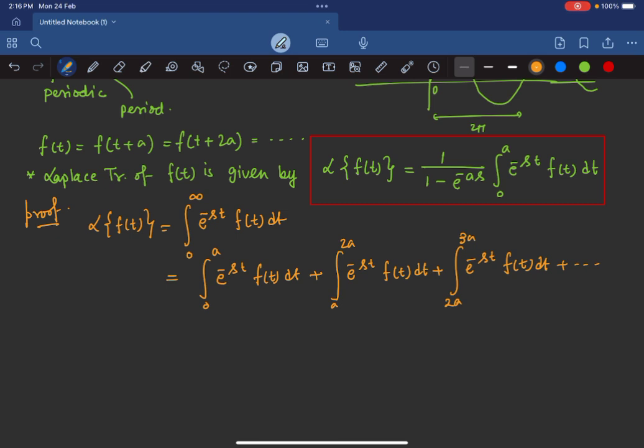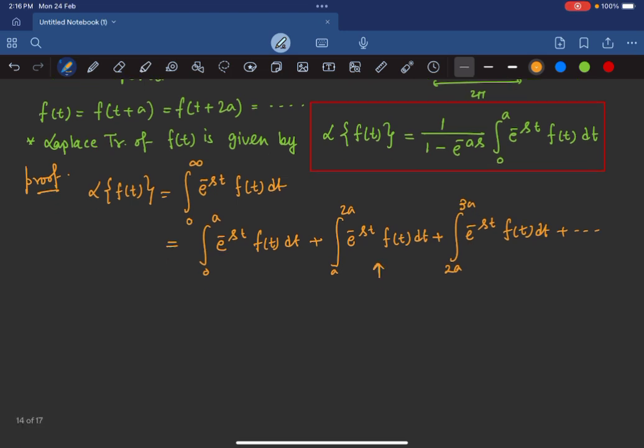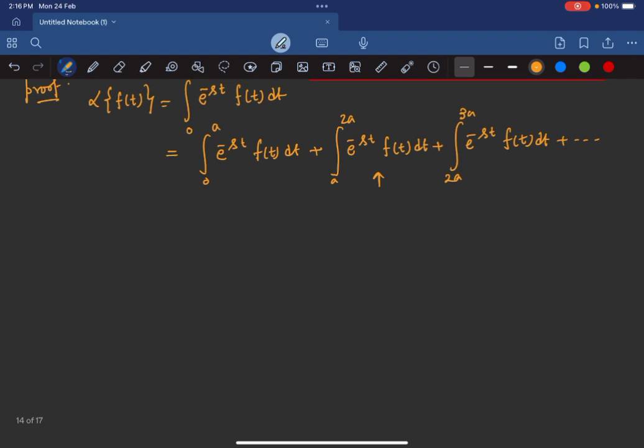Okay, now see, for this second integral, suppose we take t is equal to u plus a.